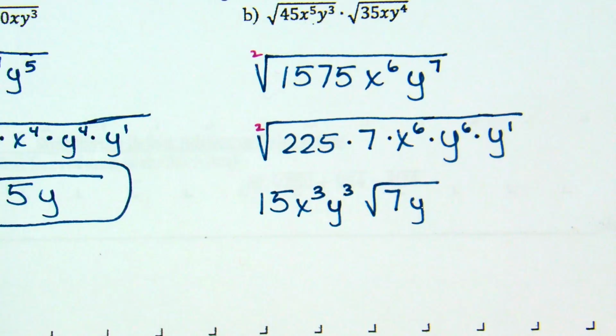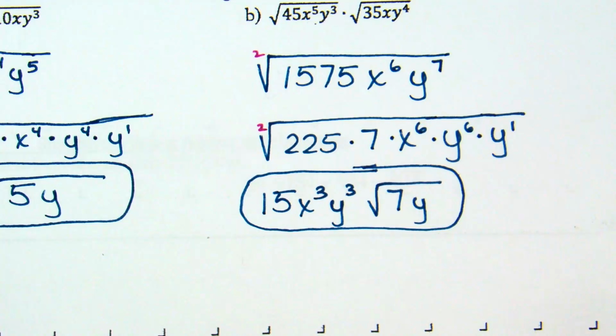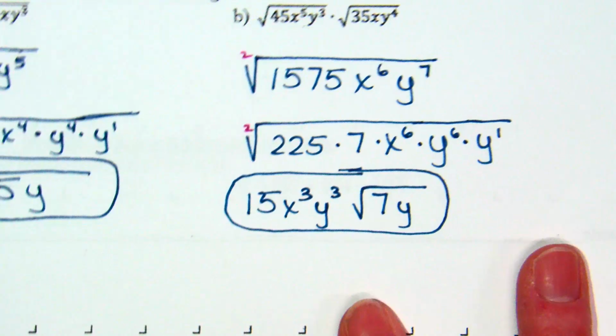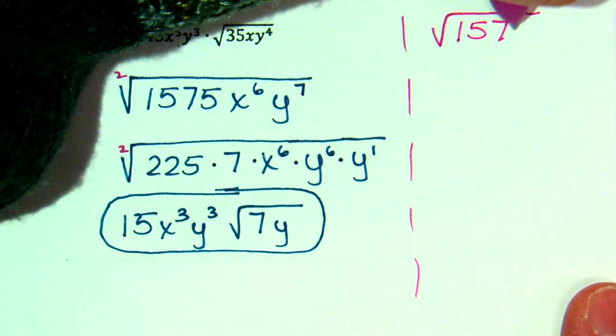Now, 2 things as just kind of a side note. I'm going to play the what if game with you for a moment. Hypothetical game. Just worried about 1575, not worried about variables.